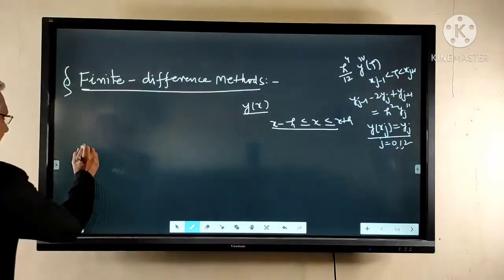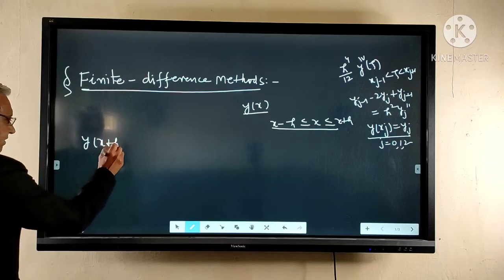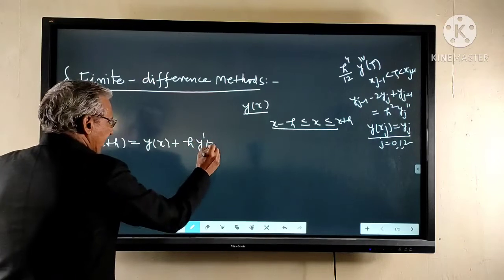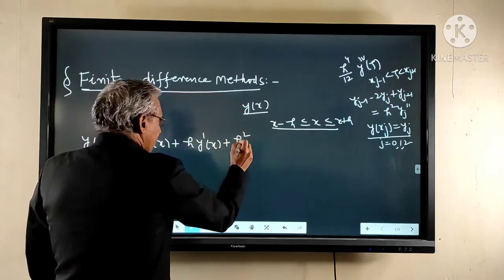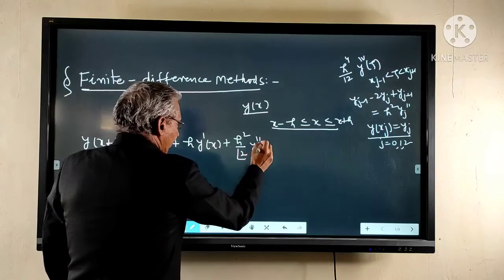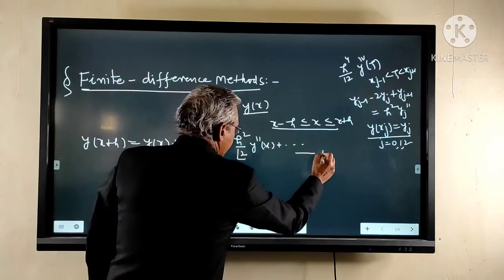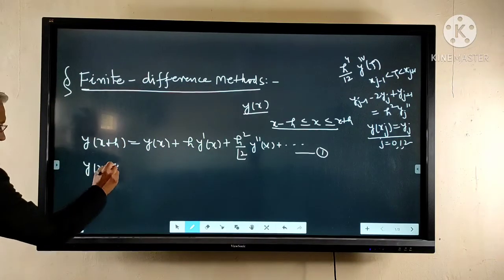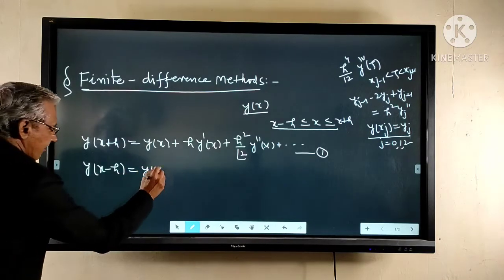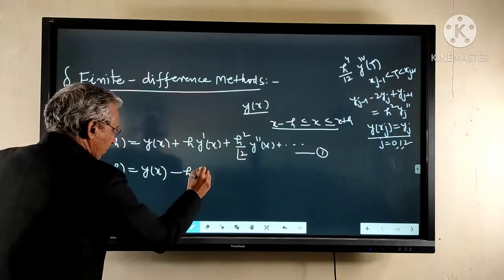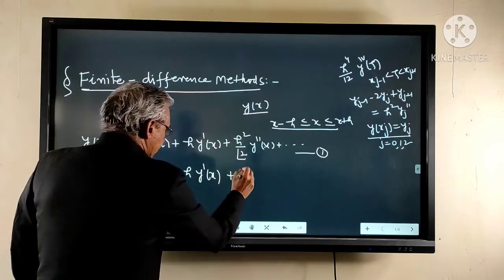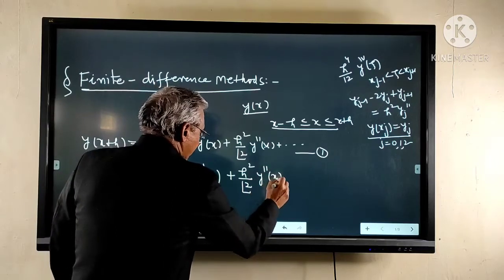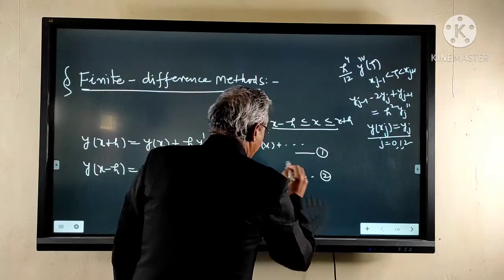Therefore, we have y(x+h) = y(x) + h y'(x) + (h^2/2!) y''(x) + and so on. Similarly, y(x-h) = y(x) - h y'(x) + (h^2/2!) y''(x) - and so on.